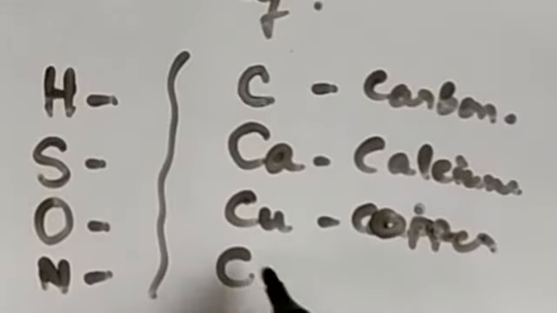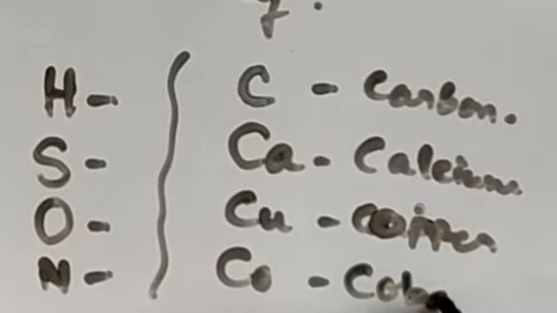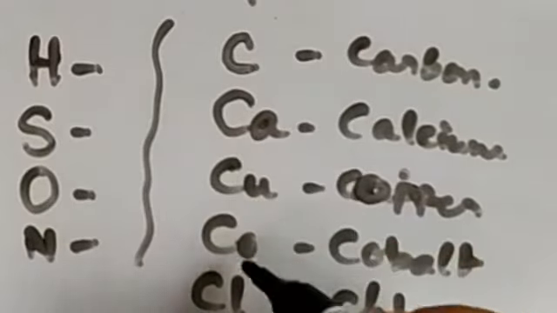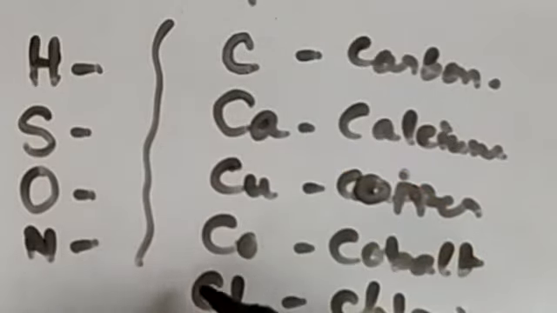If I write capital C and small o, it is understood that it is cobalt. And if I write capital C small l, it is understood that it is chlorine. In this way, we understand that the second letter gives the full distinction between all the elements whose starting letter is similar, to avoid confusion.